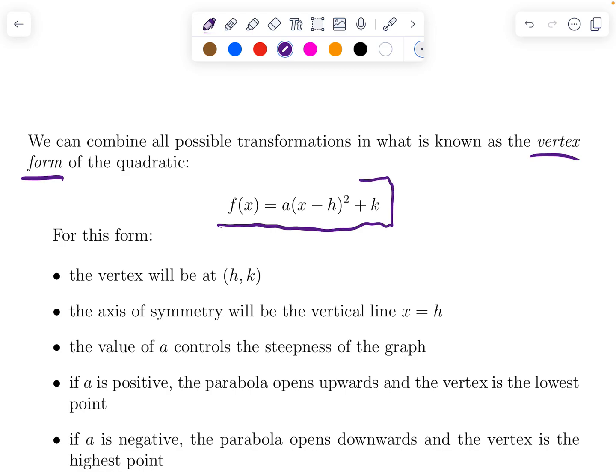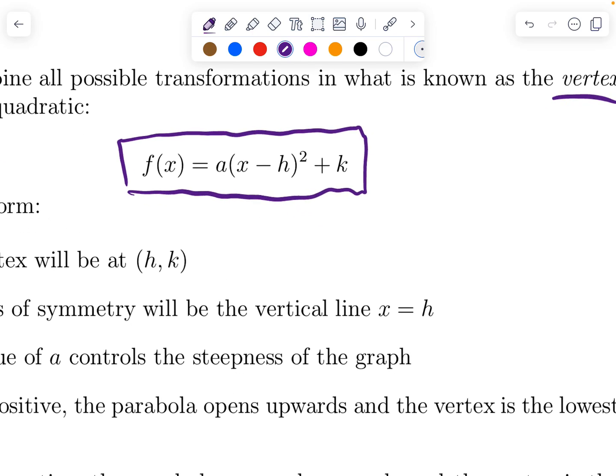Here is pretty much the most generic way we could have a transformed version of x squared. We could have some number multiplying outside, some addition or subtraction inside, some addition or subtraction outside. In this version, we're going to assume we have x minus h inside and x plus k outside. And we'll temporarily pretend these are positive numbers.